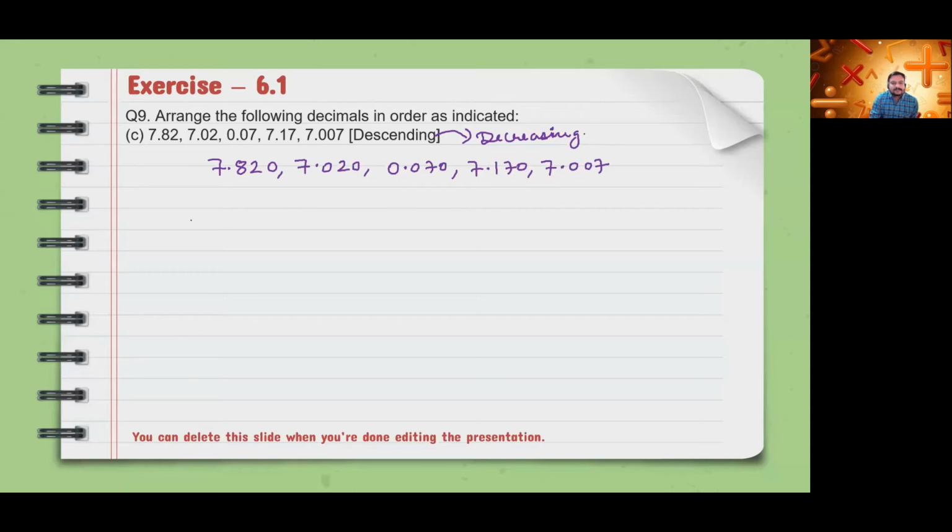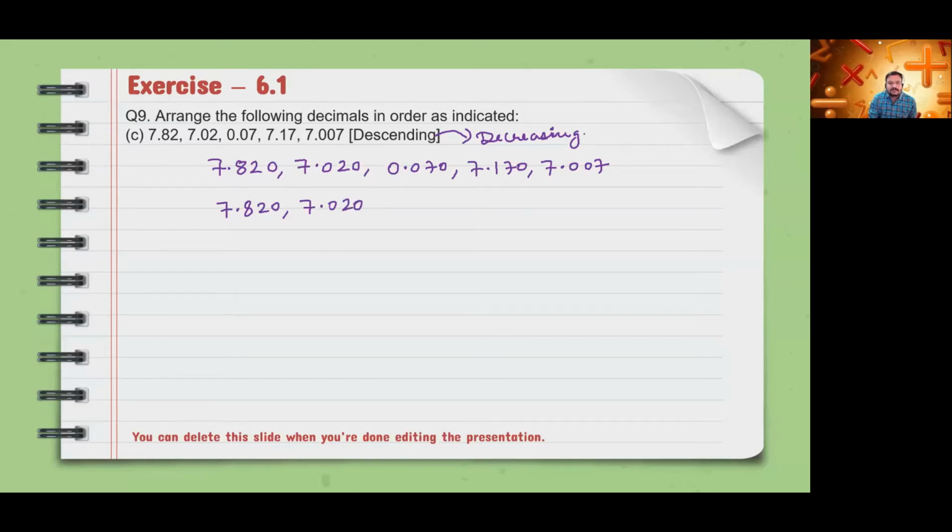First we will write 7.820, it will come first. Second will be 7.020? No, sir, next will be 7.170.